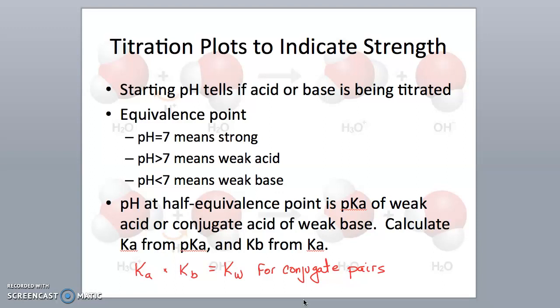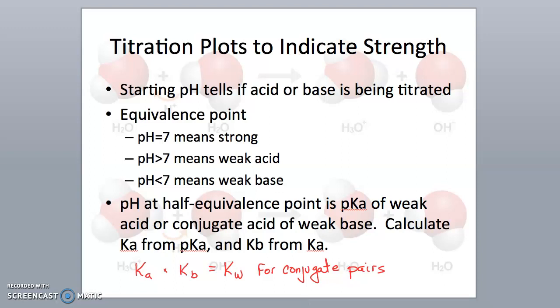If the pH is equal to 7 at the equivalence point, strong, strong. If the pH is greater than 7, it means we have a weak acid, strong base. If the pH is less than 7, it means we have a weak base with a strong acid. We're not going to do weak, weak. That'll never be an option. So we're going to have one strong in all of these scenarios.